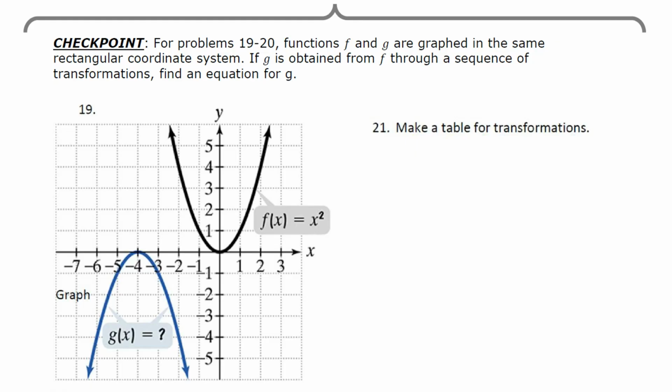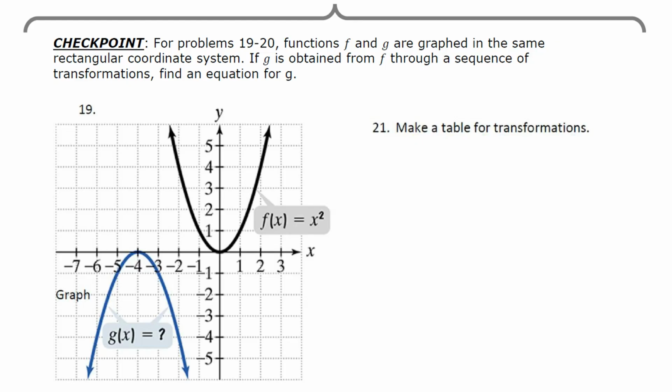If g is obtained from f through a sequence of transformations, find an equation for g. For 19 and 20, you were given two sets of graphs, and one of them is your f of x, and one of them is your g of x. For problem 21, it's asking us to make a table of the transformations that are occurring in problems 19 and 20. So we're just going to do them together.